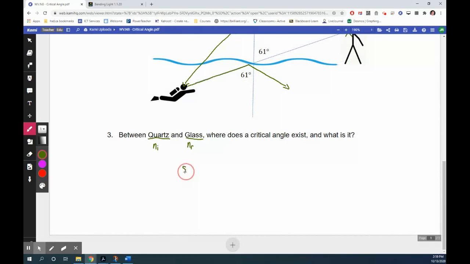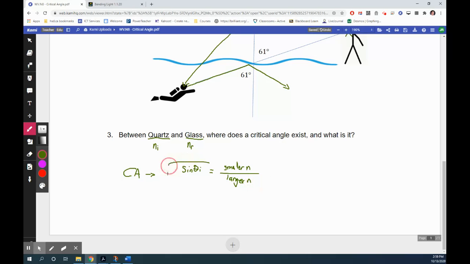So this is always, when you're looking for critical angle, when you're looking for CA, critical angle, it's always going to be sine theta I equals the n of the smaller n divided by the larger n.